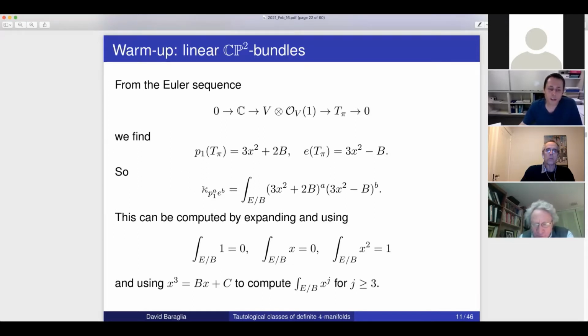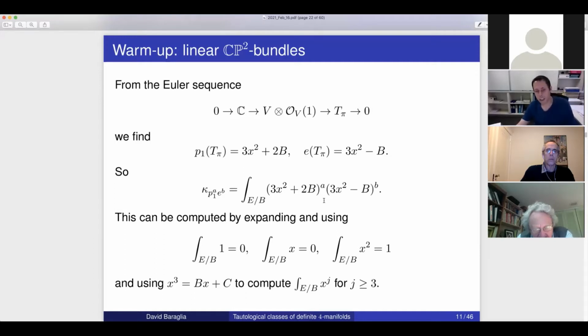So the tautological class corresponding to P1 to the A, E to the B is just the fibre integral of this class to the A times this class to the B. And then of course you could expand that out.